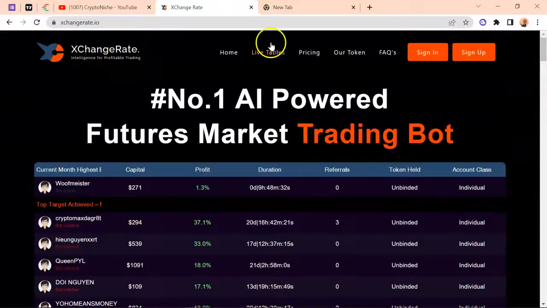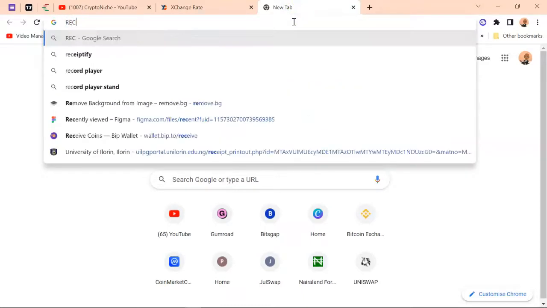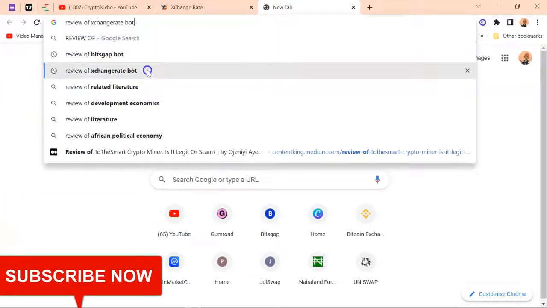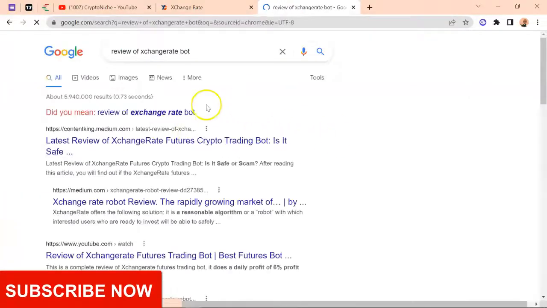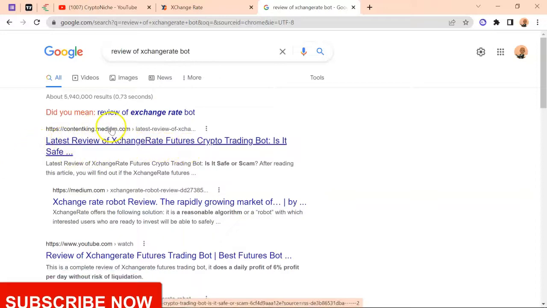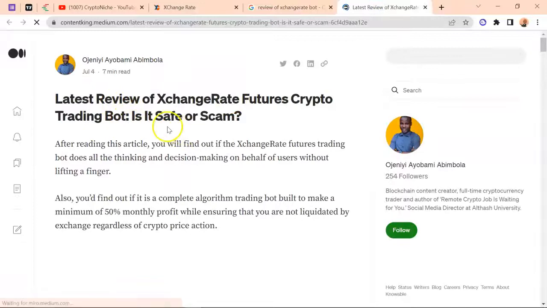For those who want to know more about the bot, this is how to go about it. Just go to Google and search for review of Xchangerate Bot. Then you will find an article I published about the bot right here, on contentking.media. Just click on it, and it's going to open the article.